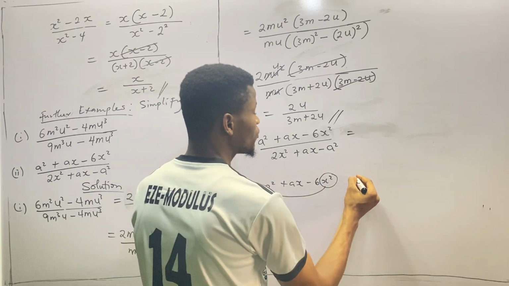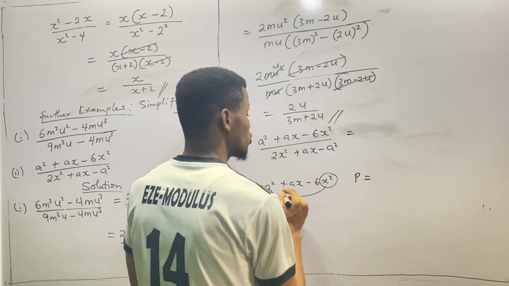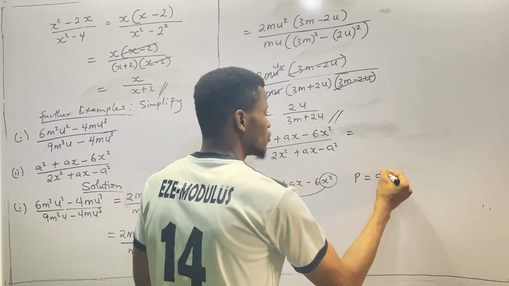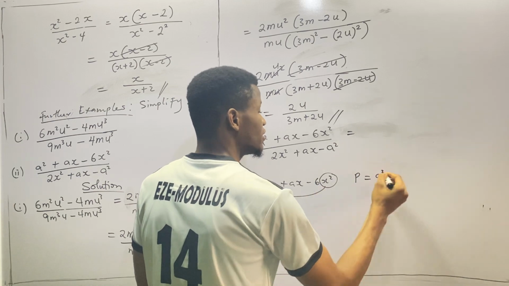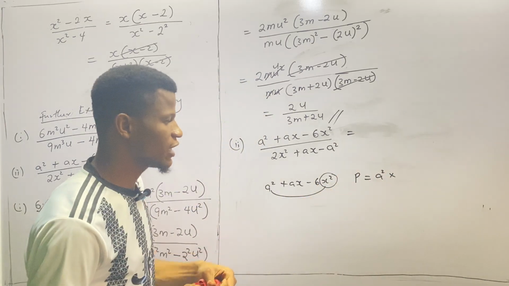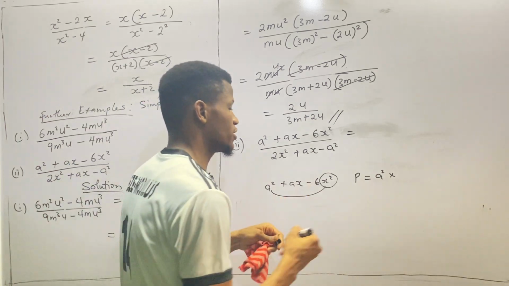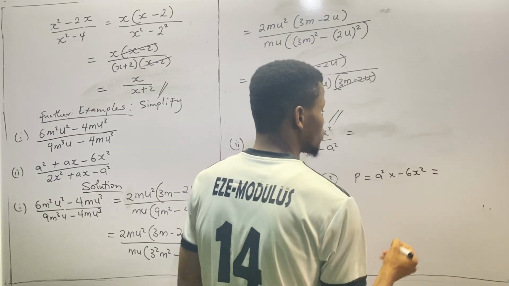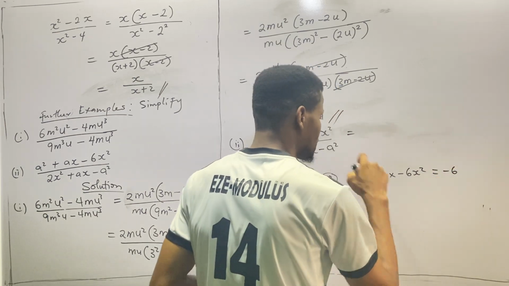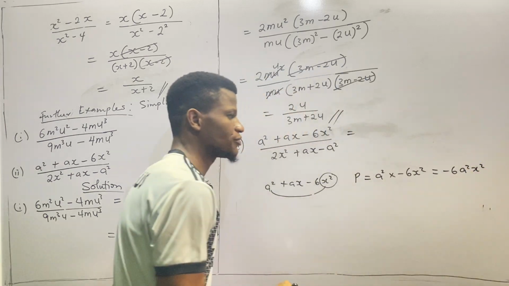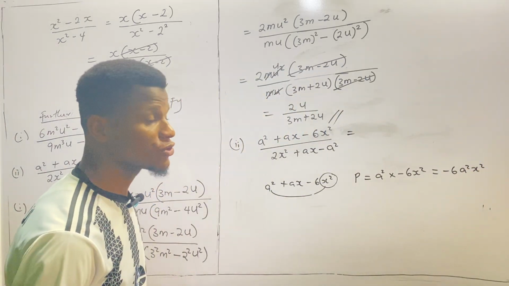So the product of the roots is going to be the constant, which is a squared, multiplied by this term. And please remember that the negative is also included. So we have minus 6x squared, which is minus 6 a squared times x squared, so a squared x squared should be our product of the terms.